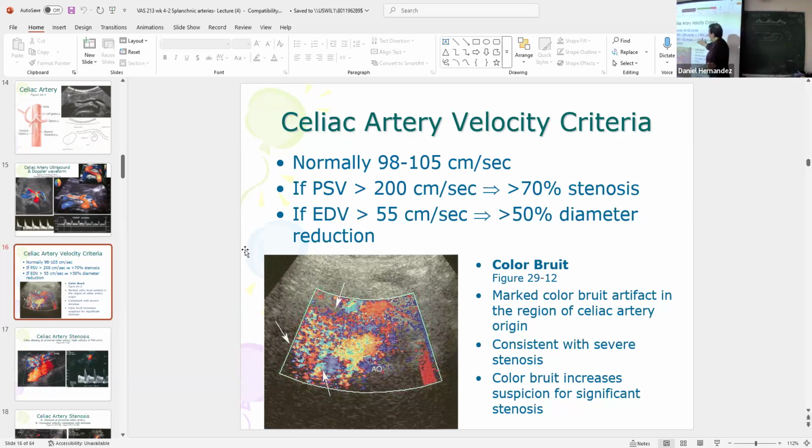You can also potentially look at that end diastolic velocity as well, but the boards questions that I've seen have only focused on that peak systolic velocity. Any review books that we've been doing for students prepping for boards hone in on that 200 centimeters per second. So again, commit that one to memory. Greater than 200 is considered hemodynamically significant stenosis.